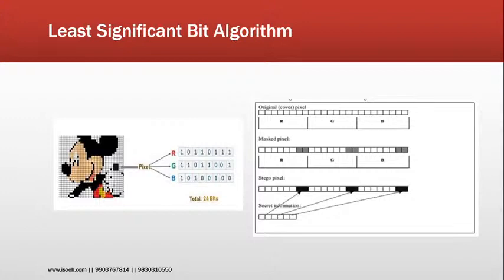But this causes so little change that it is undetectable for the human vision system. So this simple method is known as the least significant bit method or least significant bit algorithm. Now let's elaborate this.